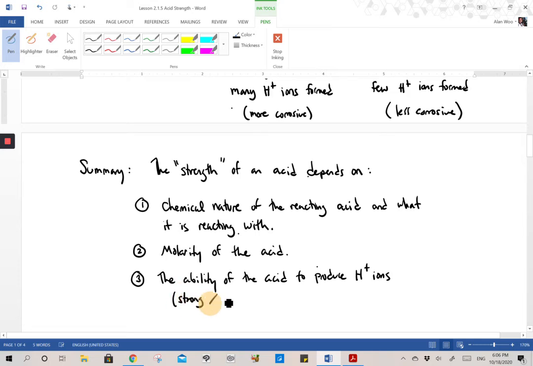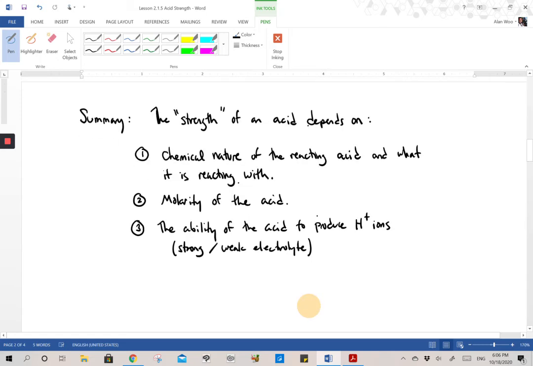So is it a strong or weak electrolyte? So these three things here all help to determine and shape how strong an acid might be, or might appear to be.